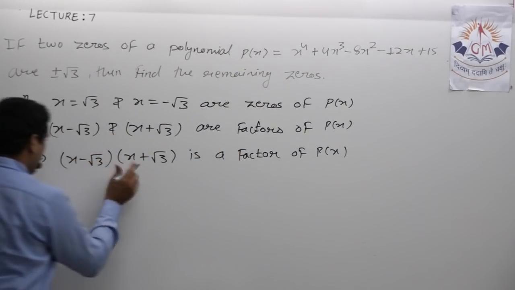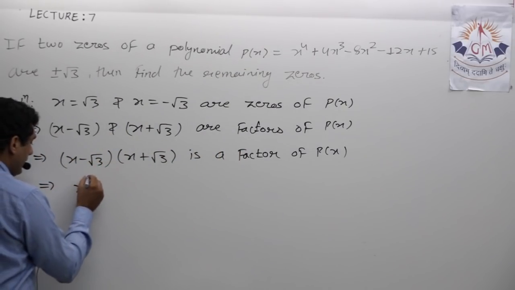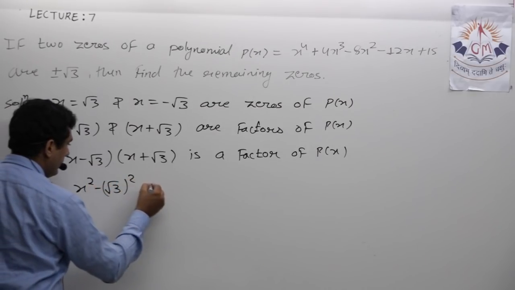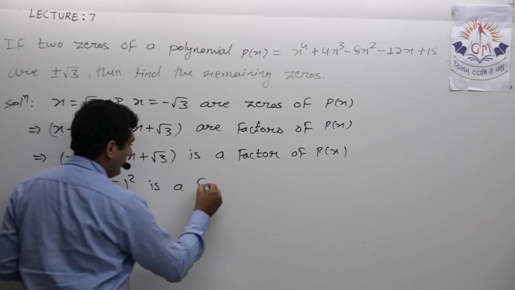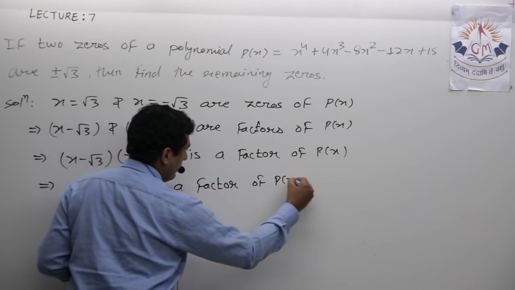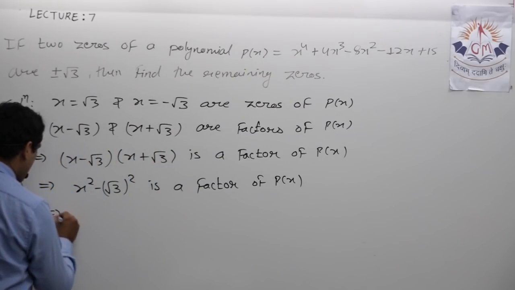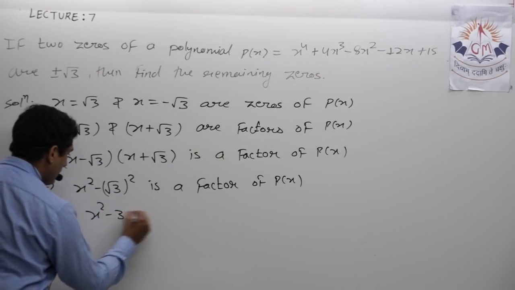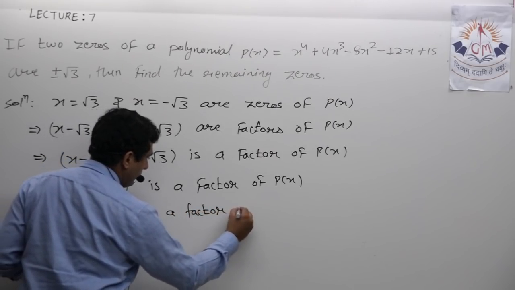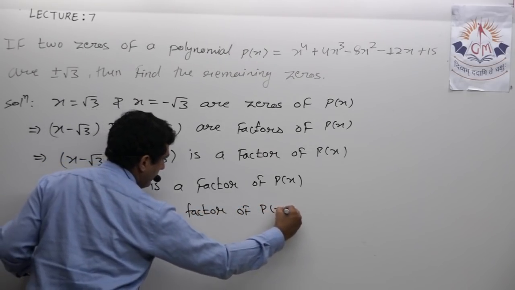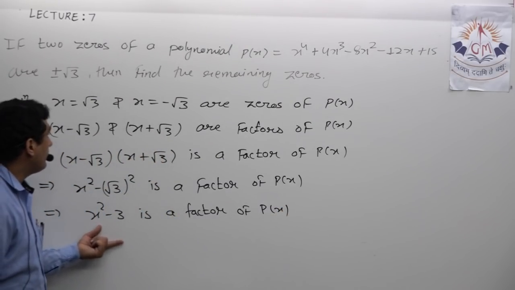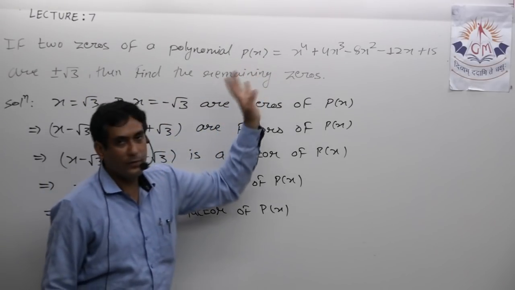Now if I simplify this, I can say x square minus root 3 square is a factor of p(x), which implies x square minus 3 is a factor of p(x).